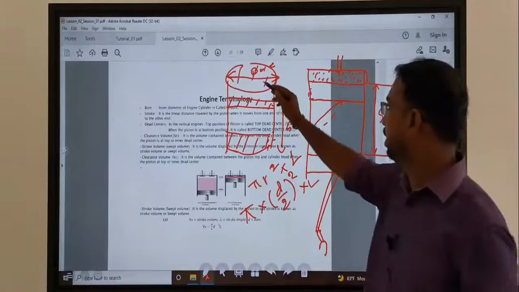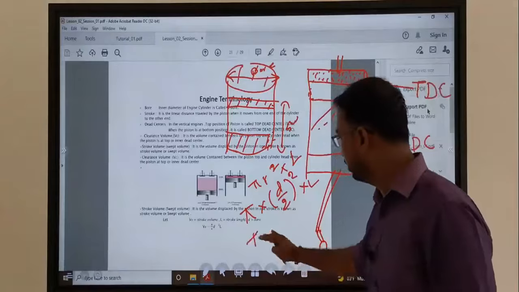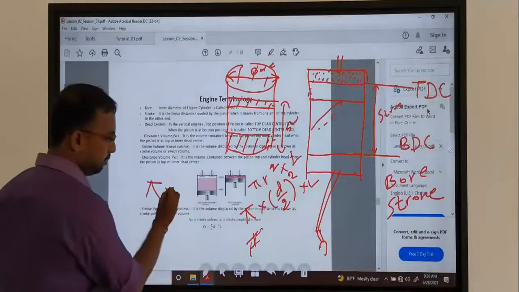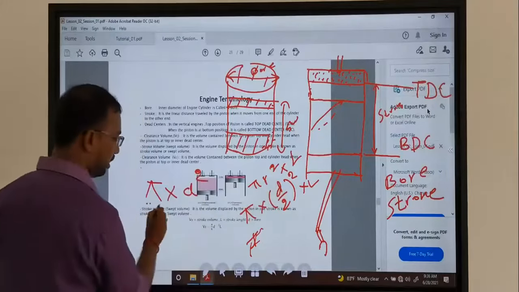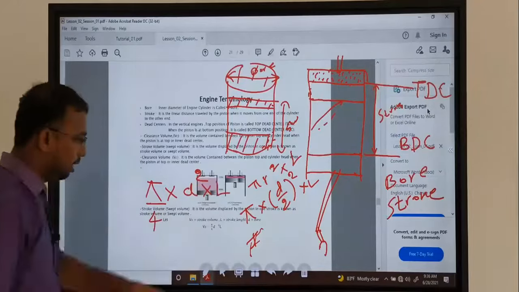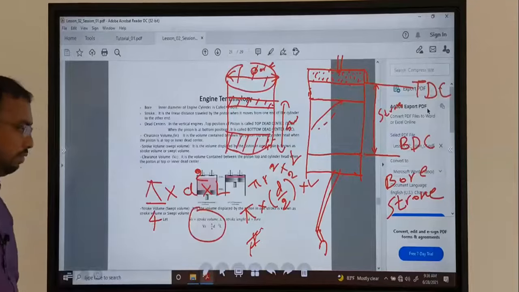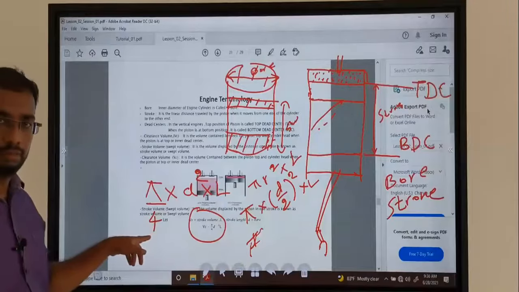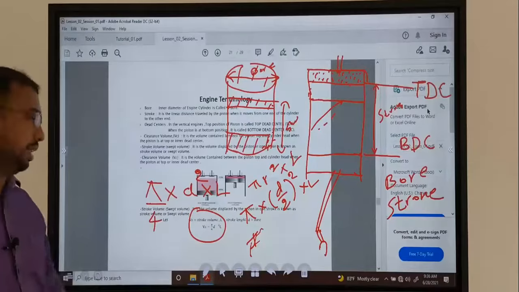Because half of the diameter is the radius. So we get pi D squared over 4, into L. That is the equation to find stroke volume, Vs: pi over 4 into D squared into L.